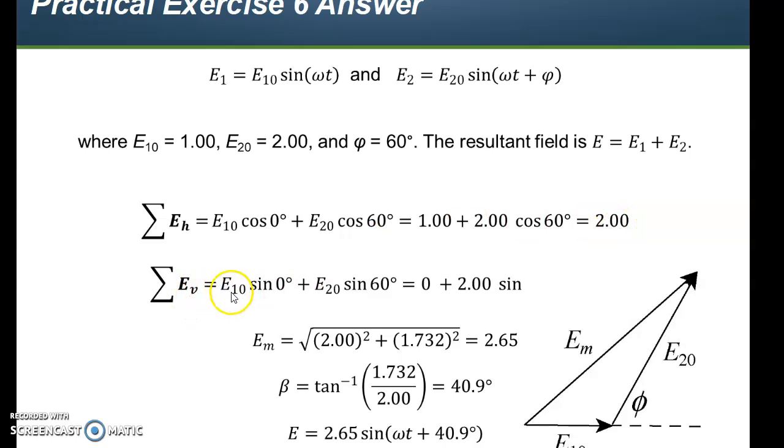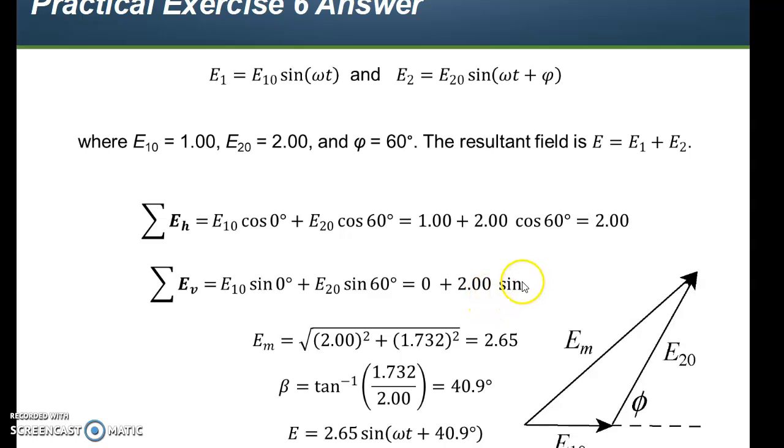E sub v is going to be E10 sine 0, which of course is going to be 0, plus E20 now times the sine of 60 degrees. Yes, the sine of 60 degrees is 0.86.